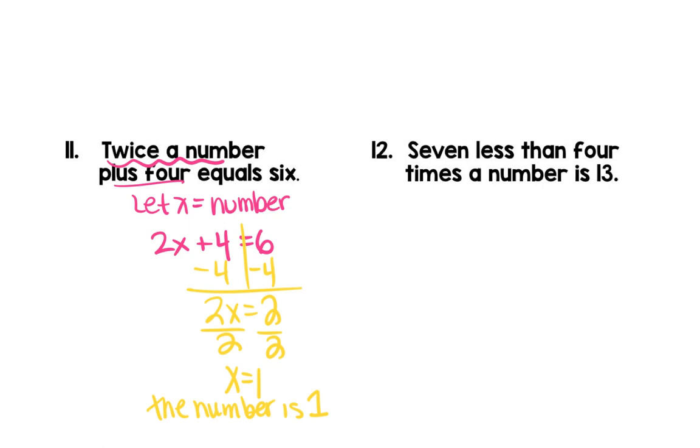For number 12, it's a little trickier. 7 less than 4 times a number. So you're going to let x equal your number. Now when it says 7 less than, this is a turnaround word.